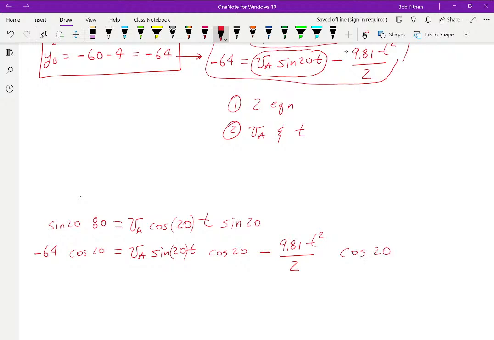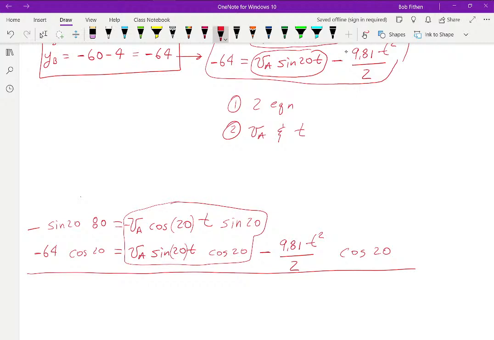And now what I'll do is put a minus sign here and a minus sign here and add these two equations. What I should see is, if I add these two equations, if I'm seeing this correctly, I think I would see that I'd have a sine of 20, cosine 20t in a VA.